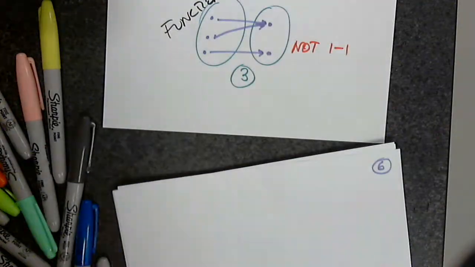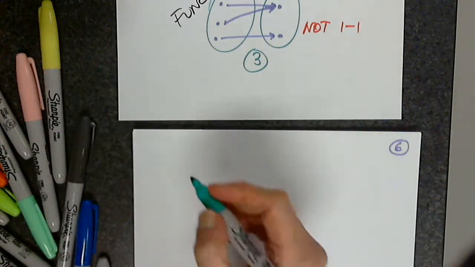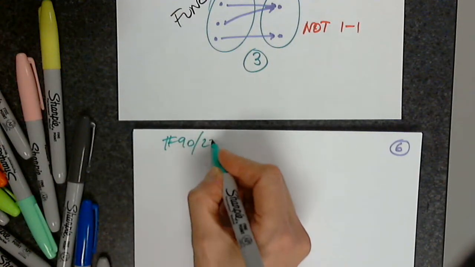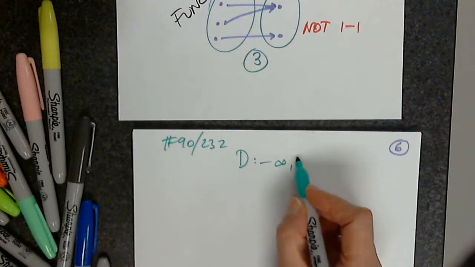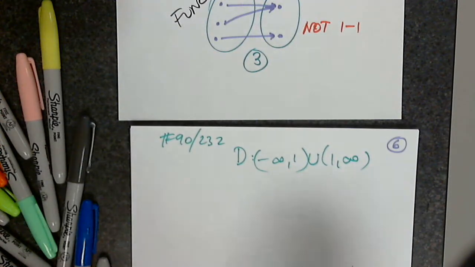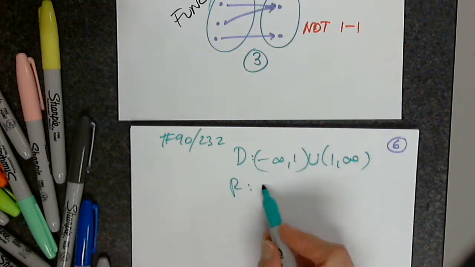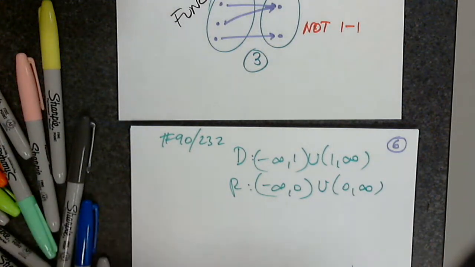One more time, let me write this down for you. For problem 90 on page 232, the domain does not have 1: -infinity to 1, union 1 to infinity. And the range does not have 0: -infinity to 0, union 0 to infinity.